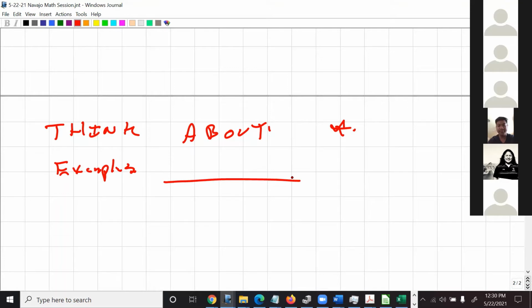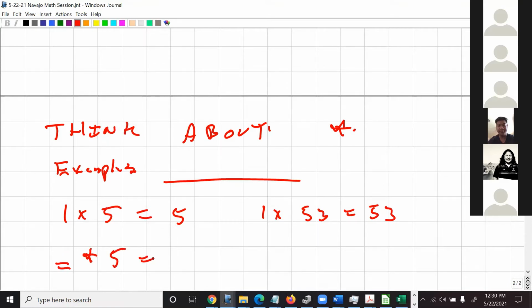Work several out. I know that 1 times 5 equals 5. 1 times 53 equals 53. Is there something star 5 that equals 5? Is there a 1 for the star?